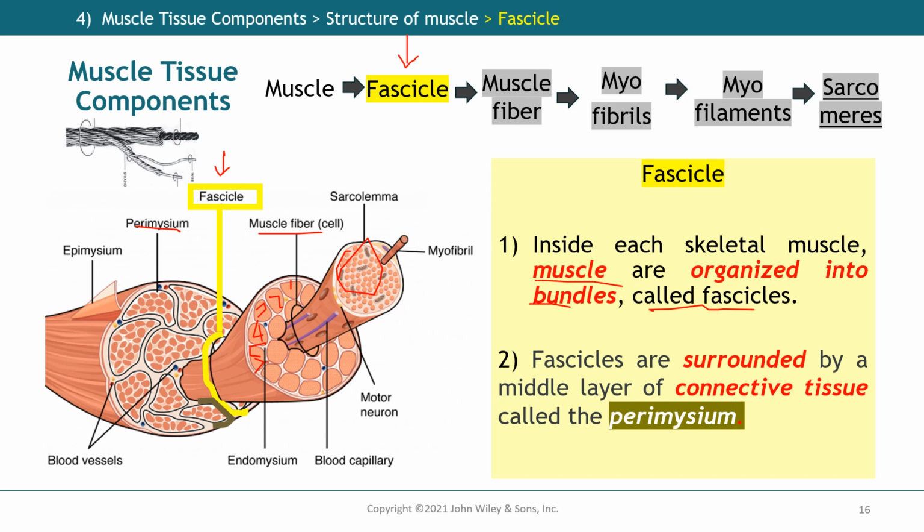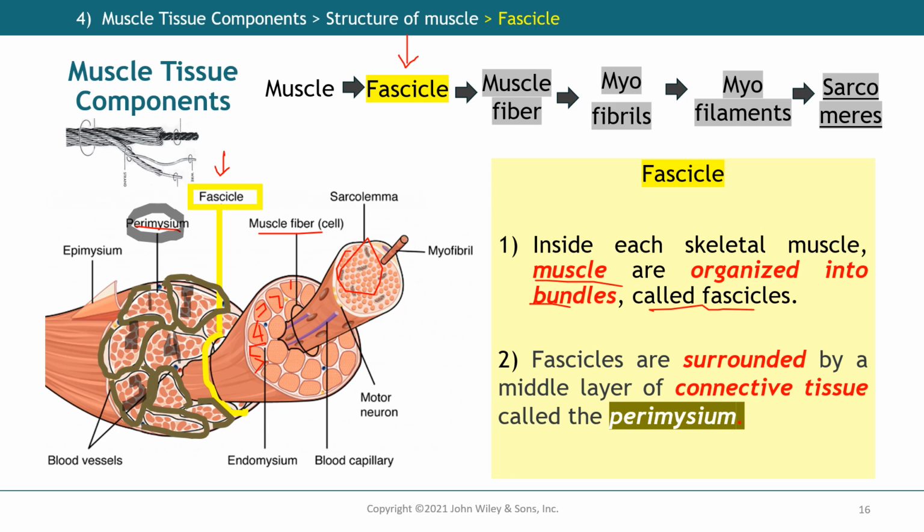So here you will have one, two, three, four, five, and you can count, and there will be 10 fascicles, and all of them will be surrounded by this connective tissue that will be the perimysium that we have here.